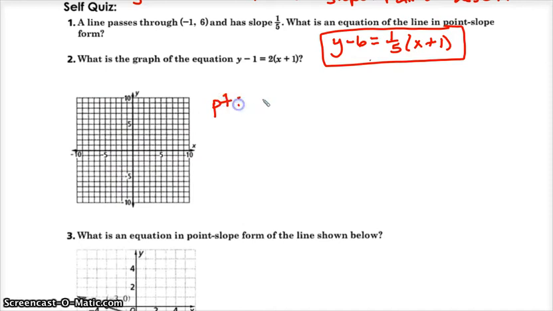To graph it, you need to know a point, and that point is (-1, 1). And your slope is going to be 2. So you're going to go over to your graph, (-1, 1), and then you're moving your slope up 2, over 1. And then you'll connect those points with a nice straight line.